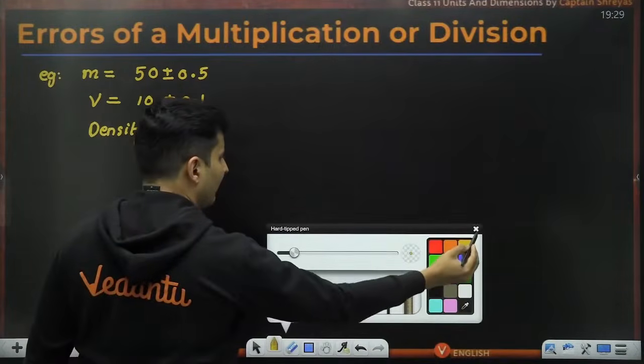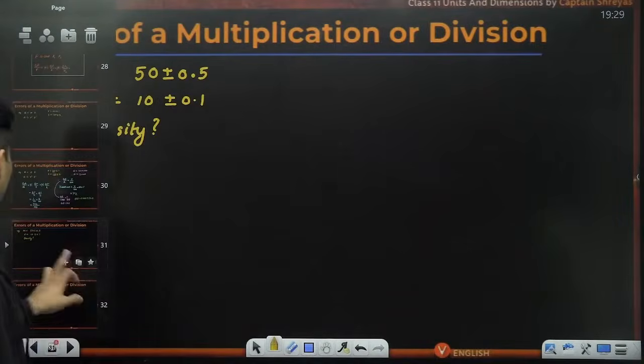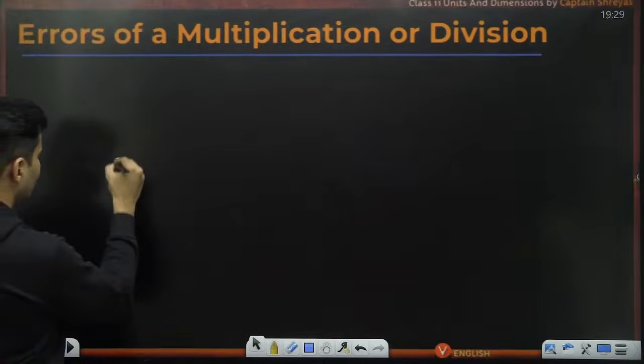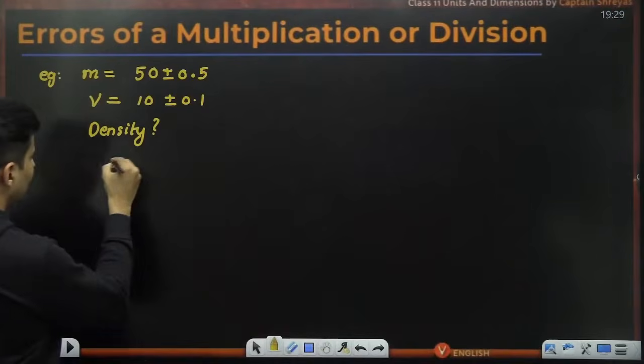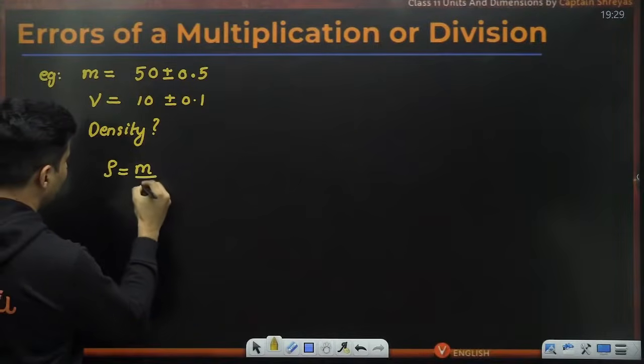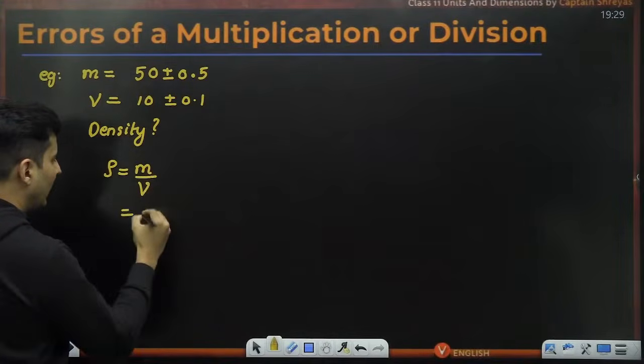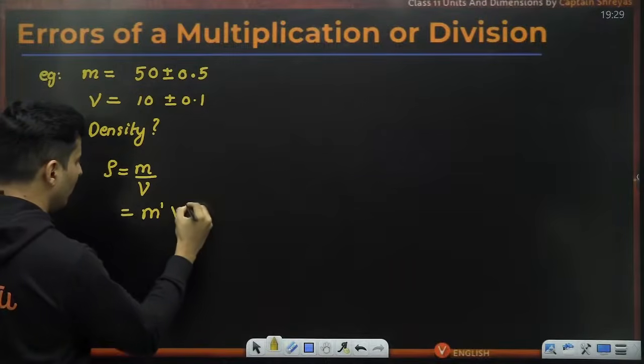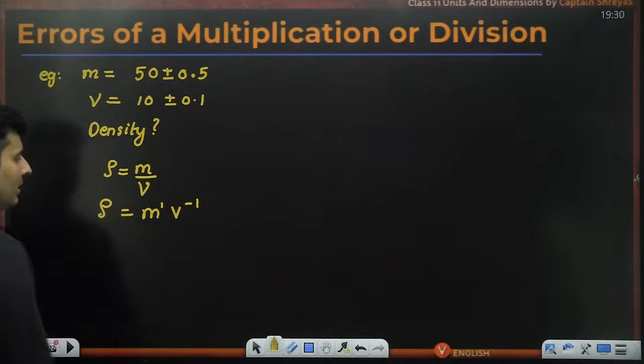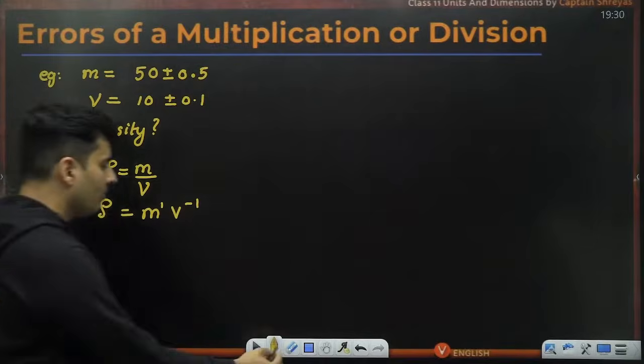Obviously, this will definitely involve division now, as you can see, because density is mass by volume. But to write it in powers, it will be m raised to 1, volume raised to minus 1.